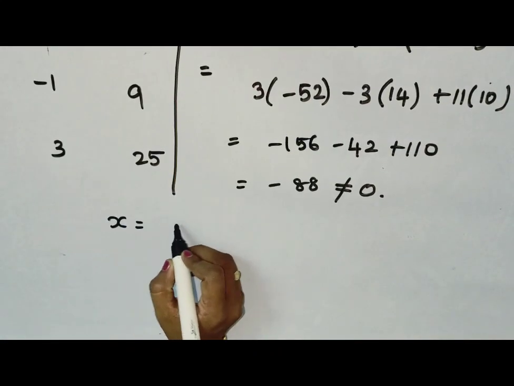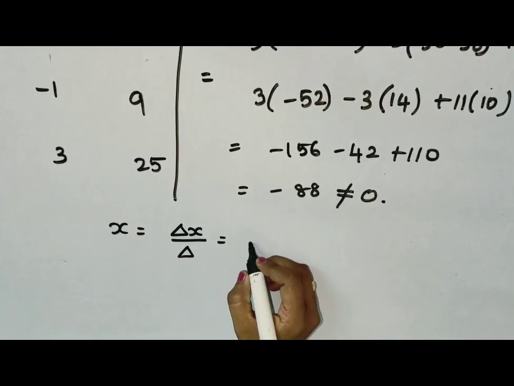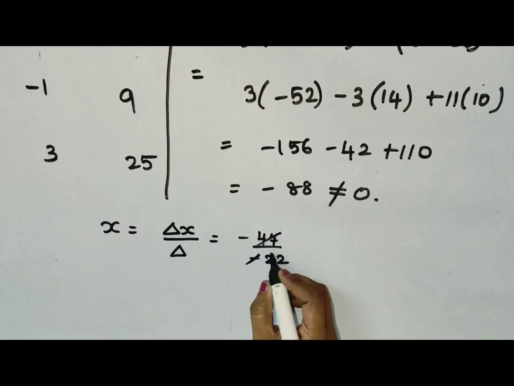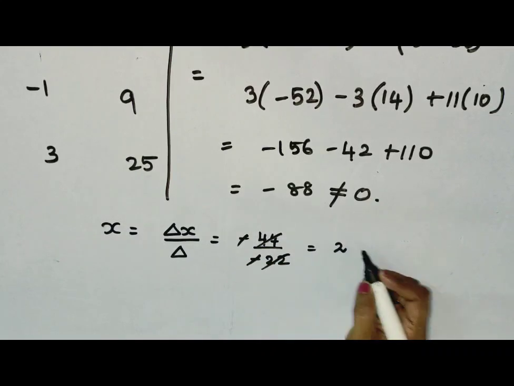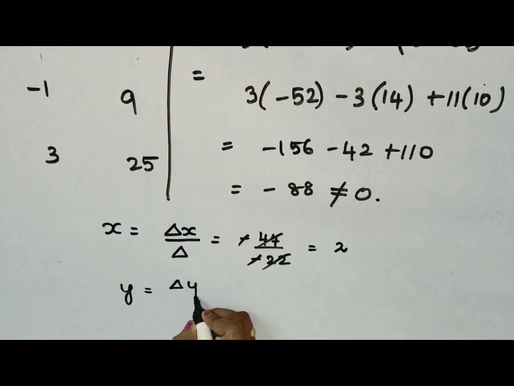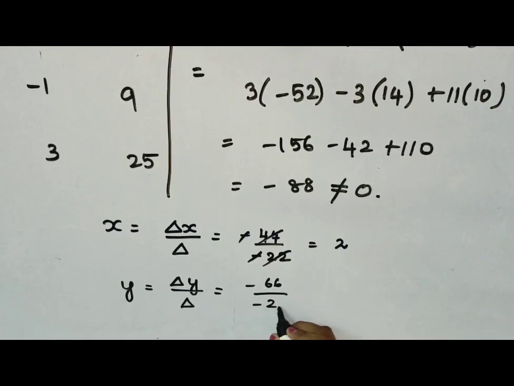x equals delta x by delta. The value of delta x is minus 44, the value of delta is minus 22. So we will get the value of x is equal to 2. Similarly, we can find the value of y, which is delta y by delta. Delta y we got is minus 66, and delta is minus 22.